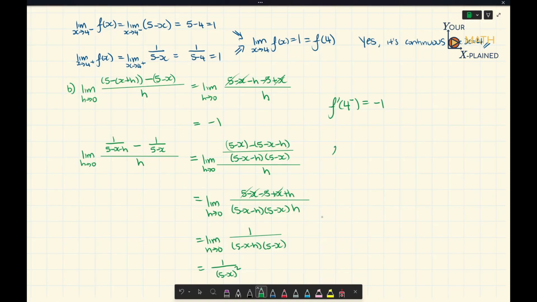And if we're looking for the slope of our function as we approach 4 from the positive side, we're going to be using this bottom limit. So that is going to be 1 over (5 minus 4) squared, which is equal to positive 1. And since these two are not equal to each other, that tells us our function is not differentiable at x is equal to 4.